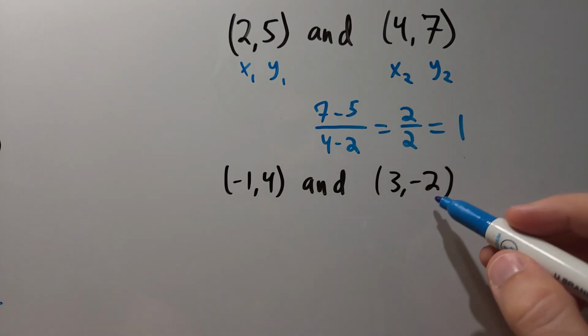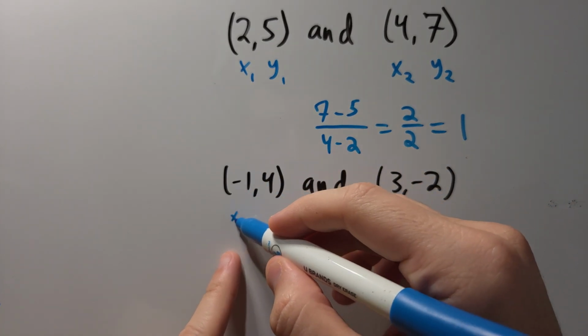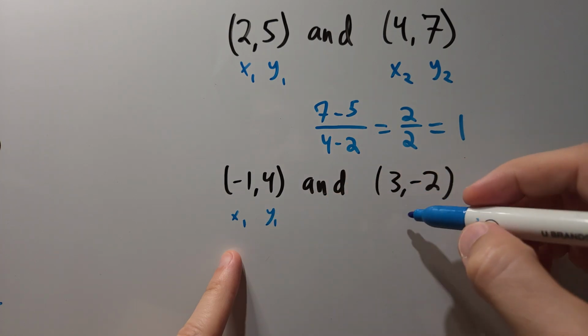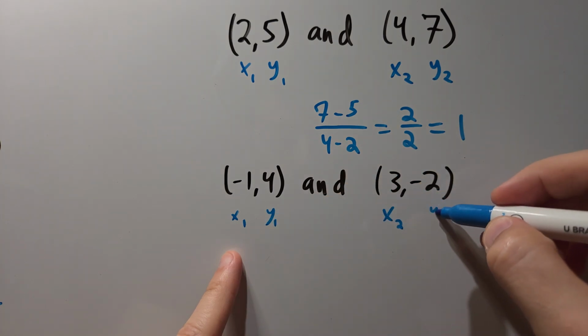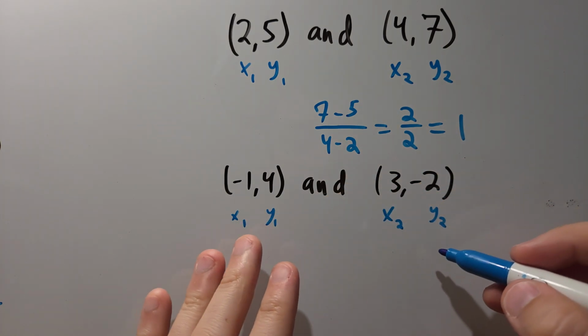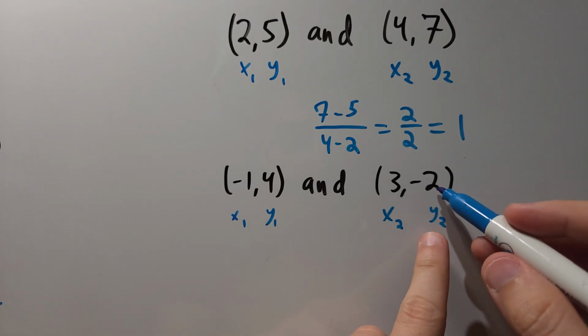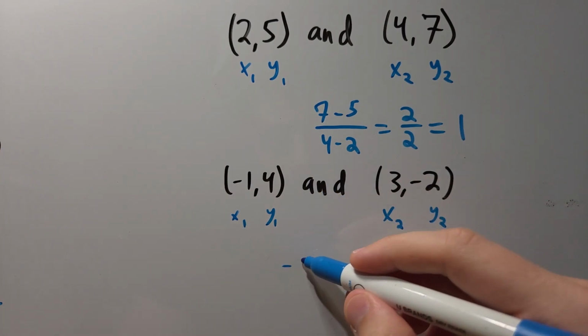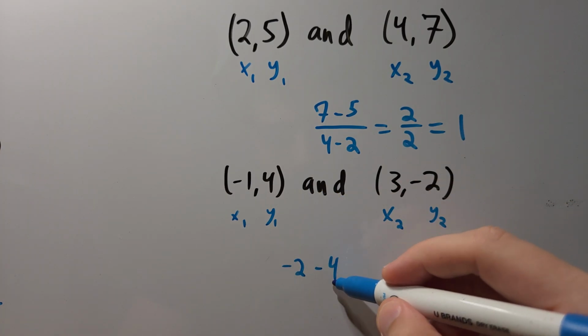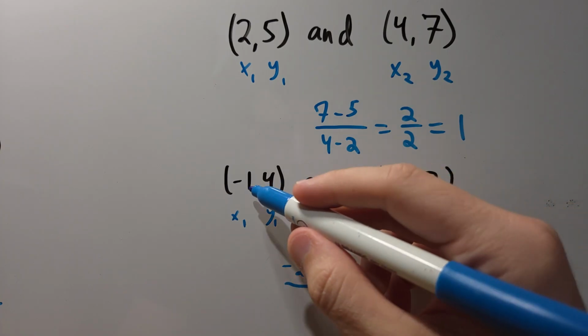Let's look at this last one. Again, labeling does help, just so as to avoid confusion. This would be negative 2 minus 4 over 3 minus negative 1.